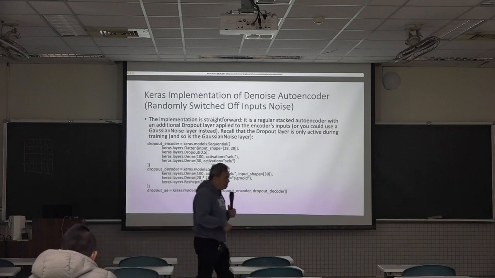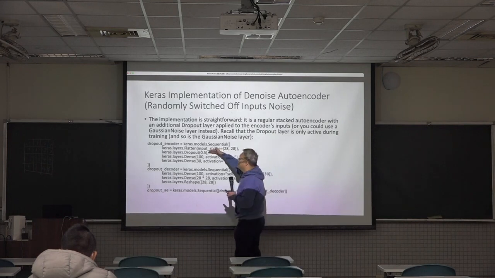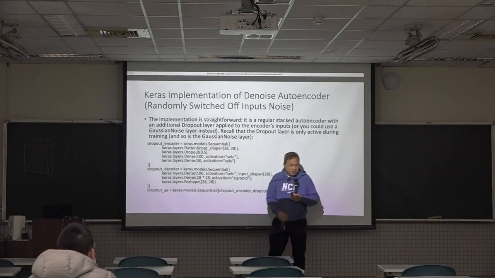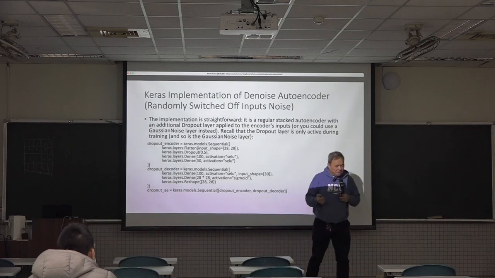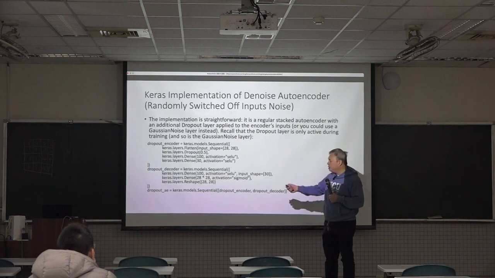Because of this dropout layer, during training, half of the input will be turned off at random. But this autoencoder is going to learn to reconstruct the missing values.